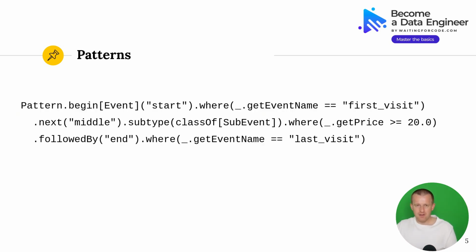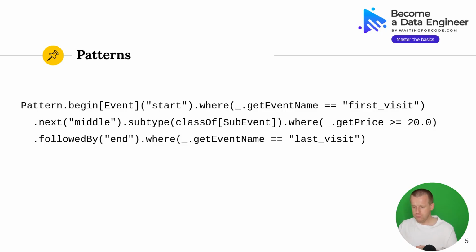And the main building block for CEP is the pattern. Here we have an excerpt of the CEP module of Apache Flink where we define the beginning of the pattern of event type, where we try to find the event name of first visit in the beginning. Later in the middle, after that, we are trying to find a sub-event type, something that is really specific to the visit, like for example pricing.